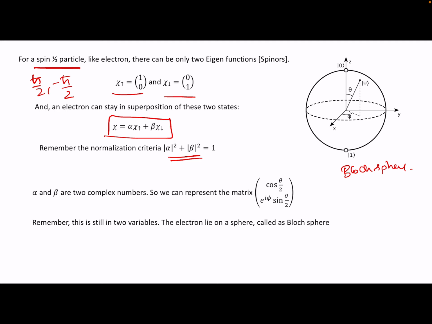These two variables, as shown here, can be taken to be in this particular form, which is cos theta by 2, and the beta can be taken as e power i psi sin theta by 2. It's easy to see that if we replace these two in this equation, this particular equal to 1 will be satisfied. And if we see here, theta is the deviation from the z-axis. So this is the z-axis.